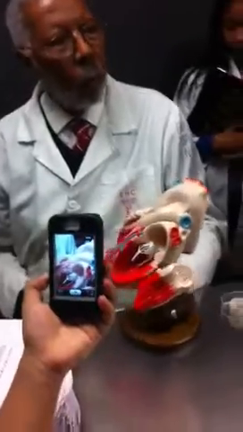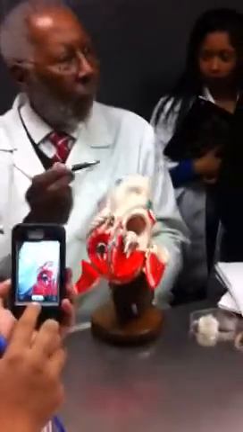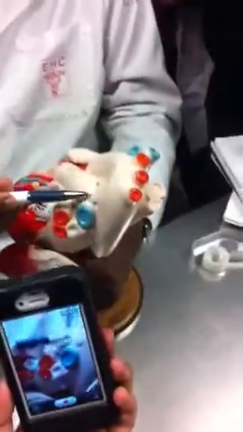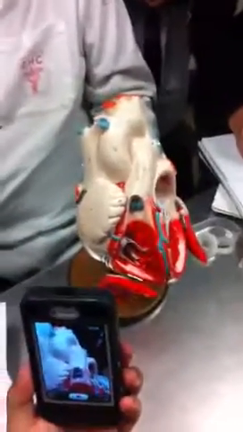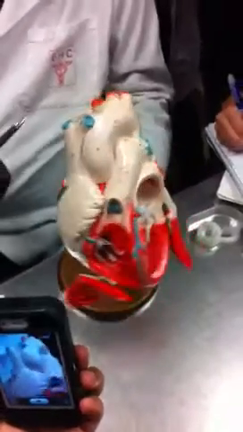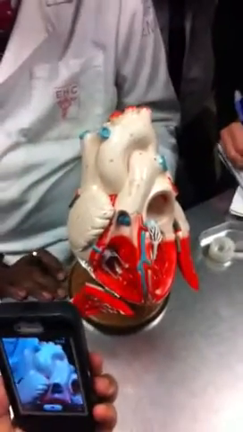Any questions so far? All right. Now, here, this is called the ligamentum arteriosum. Ligamentum arteriosum is a remnant of the ductus arteriosus, D-U-C-T-U-S.